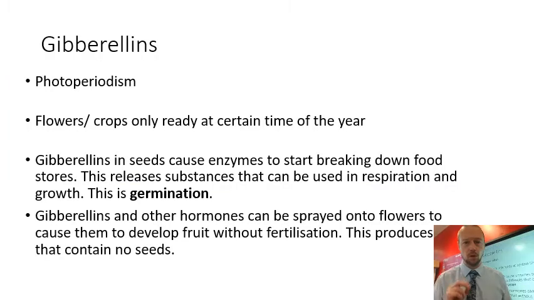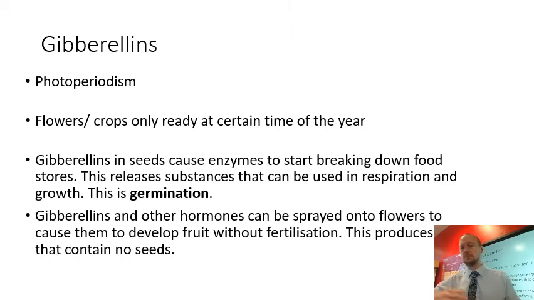Right, second one. So before we understand the use of gibberellins, I kind of want to explain this word photoperiodism. So you'll understand that in the springtime, trees start growing leaves. You'll understand that flowers bloom and things like that in the spring.